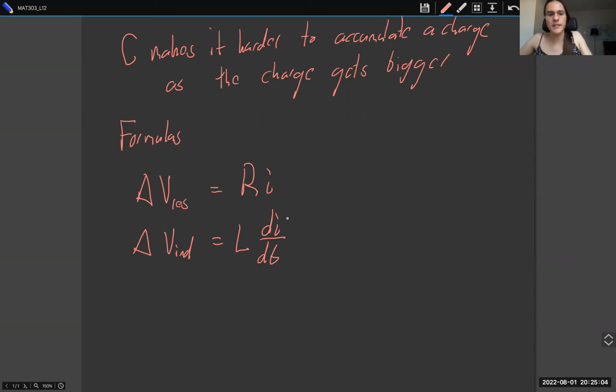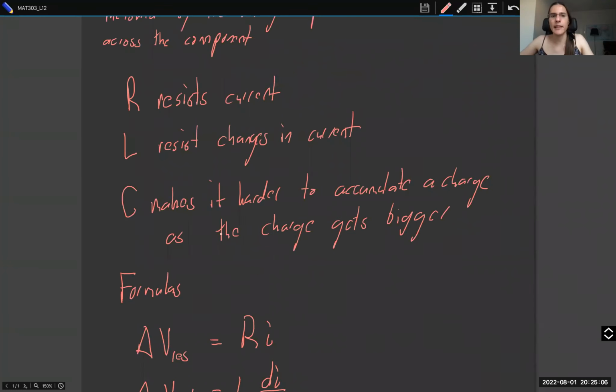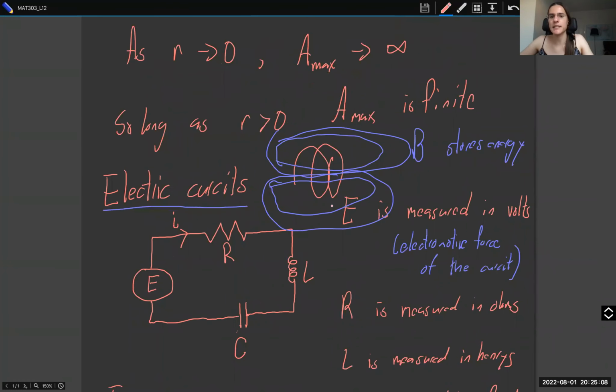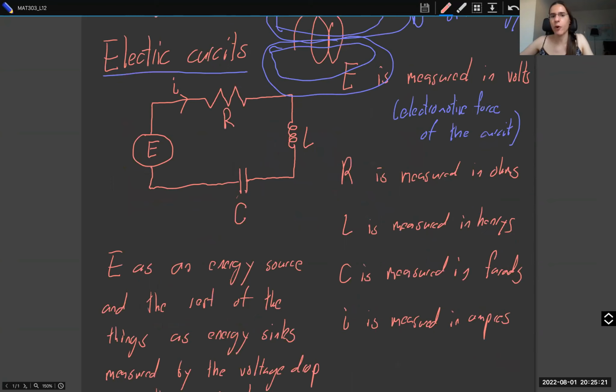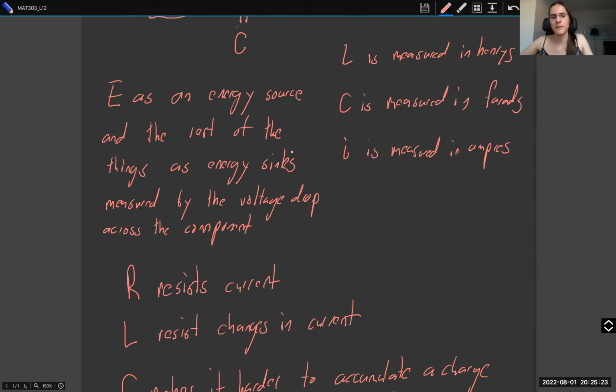So if the current is constant, then it'll just flow, the magnetic field will be steady, and there's going to be no voltage drop. It's just going to behave like a straight wire. But if the current is changing, then the magnetic field is absorbing or releasing energy, and that's going to create a voltage drop as that happens.